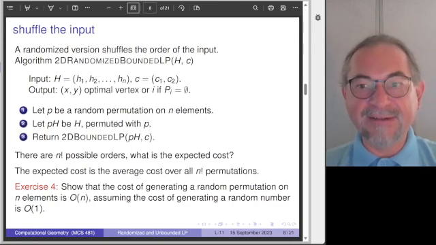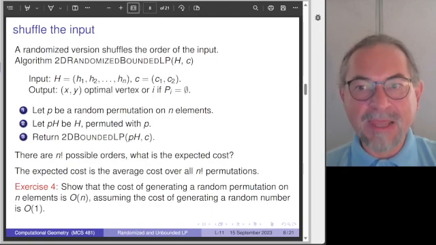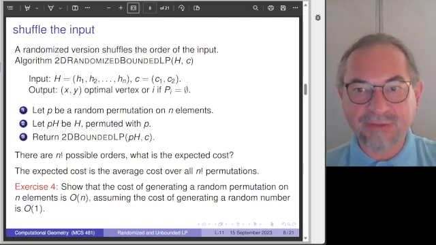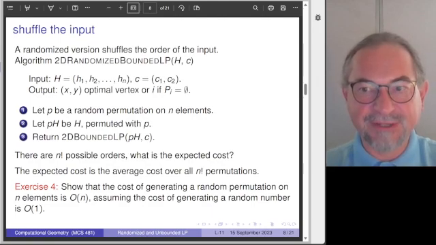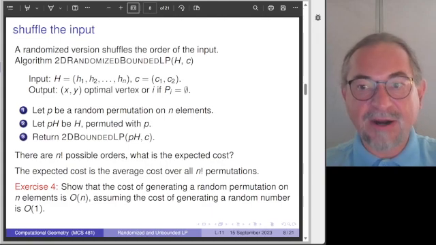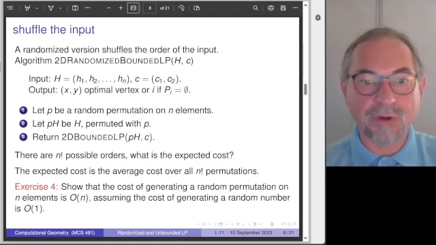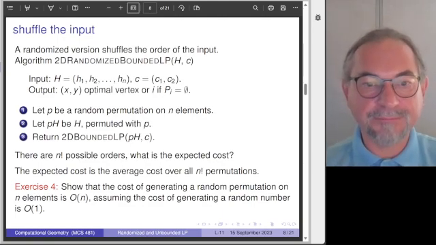Well, there are n factorial permutations, so that's a huge number. And we expect that the bad cases are relatively few in number compared to the total number of permutations. That's the idea why it works.